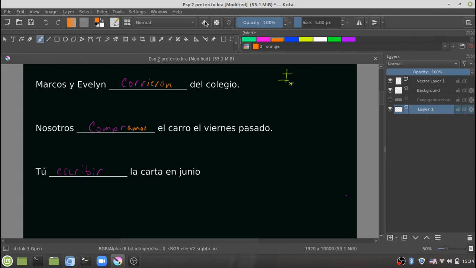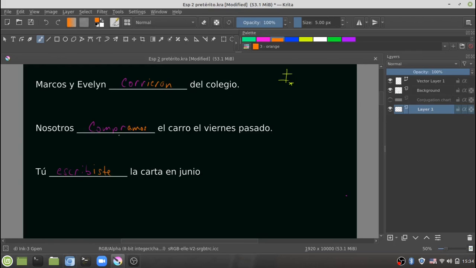And once again, we can't have infinitive endings if we have a subject pronoun. And so what we're going to end up with here is tú. It's an IR verb, which means we need the iste ending. Tú escribiste la carta en junio.